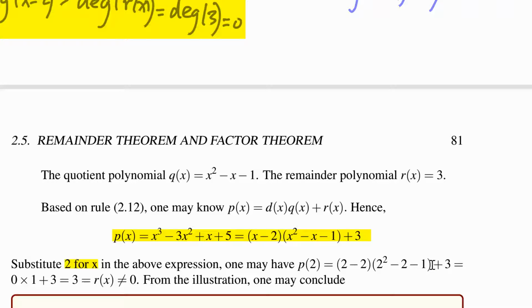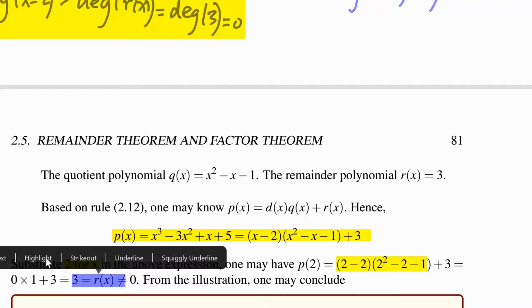The first part is 0 because 2 minus 2. This basically tells us P of 2 is 3. So you see 0 times 1, because 2 squared minus 2 minus 1 is 1 here. So basically you have P of 2 equals 3, which is R of x, the remainder.